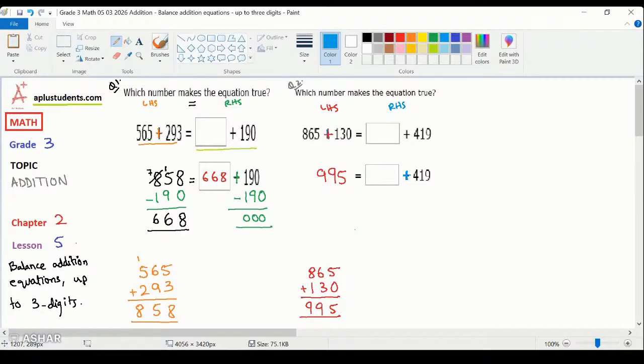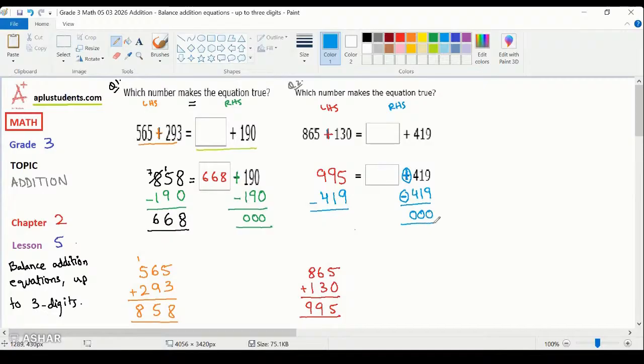419. So what we do is we subtract 419 because it was plus. We do minus 419 on both the sides. On the right side, 419 minus 419 comes out to be 0, 0, and 0.